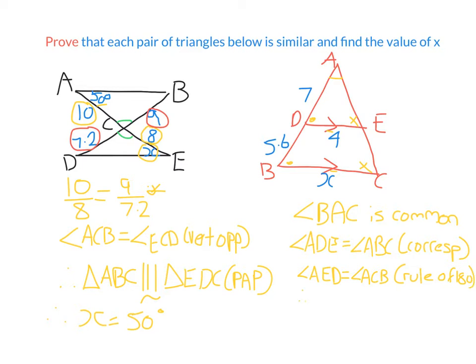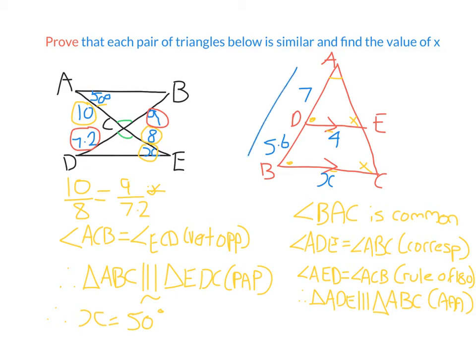Therefore, triangle ADE, which is the top one, is similar to triangle ABC. In the big one, A corresponds to itself, D corresponds to B, and E corresponds to C. The reason was the AAA test. So now let's find what X is. For the scale factor, we need to find some corresponding sides.